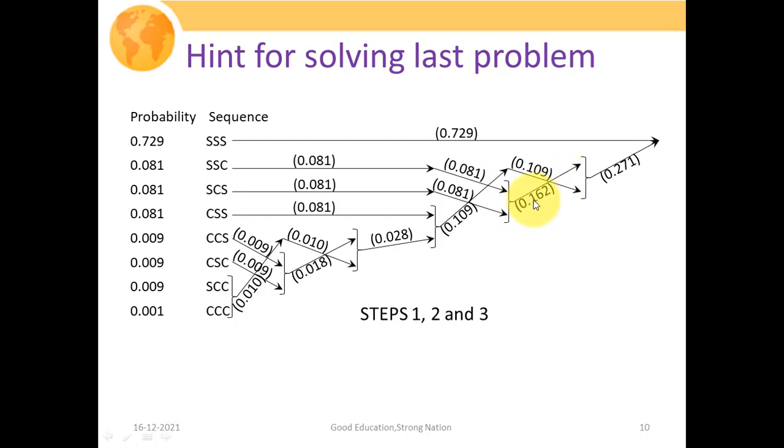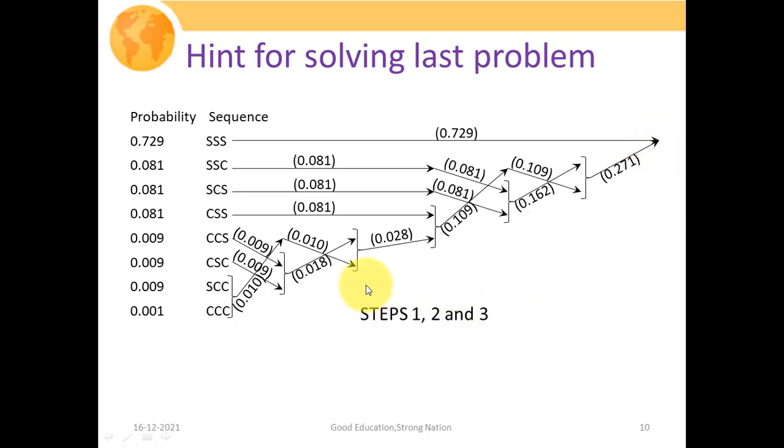And when again we add up the least two probabilities, we obtain 0.271, and this is 0.729. So here this 0.729 will always be on top, because the summation of any two least probabilities will never be greater than this 0.729. So this is how we obtain the Huffman coding tree.